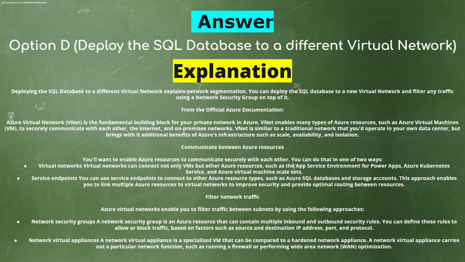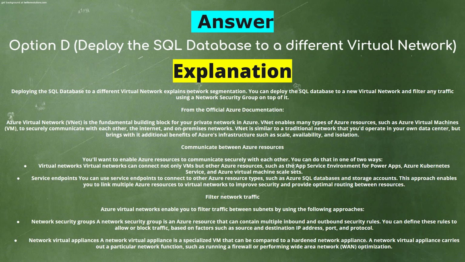VNet is similar to a traditional network that you'd operate in your own data center, but brings with it additional benefits of Azure's infrastructure such as the scale, availability, and isolation. Communicate between Azure resources. You will want to enable Azure resources to communicate securely with each other. You can do that in one of two ways. Number 1. Virtual networks.